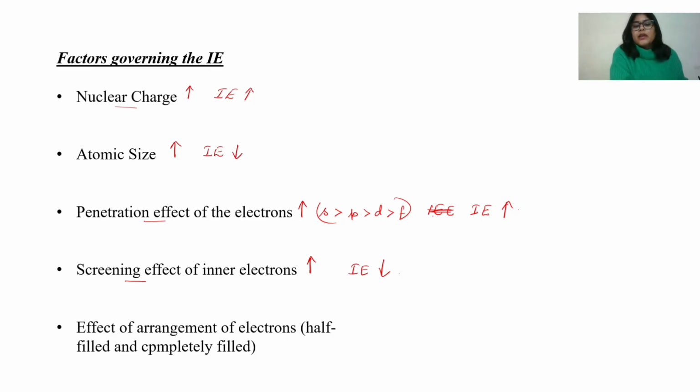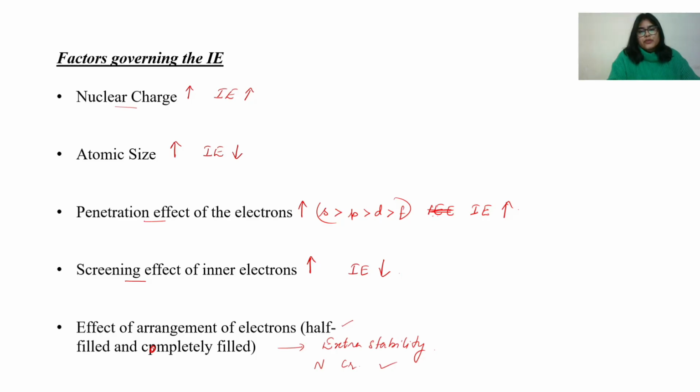By now you all would be very comfortable handling the electronic configuration, and at that time you would have seen that half-filled electrons and completely filled electrons have what? Extra stability, right? You would have seen it in case of nitrogen, in case of chromium, right? So when a species is already in an extra stable state, it won't prefer to disturb that extra stability, right?